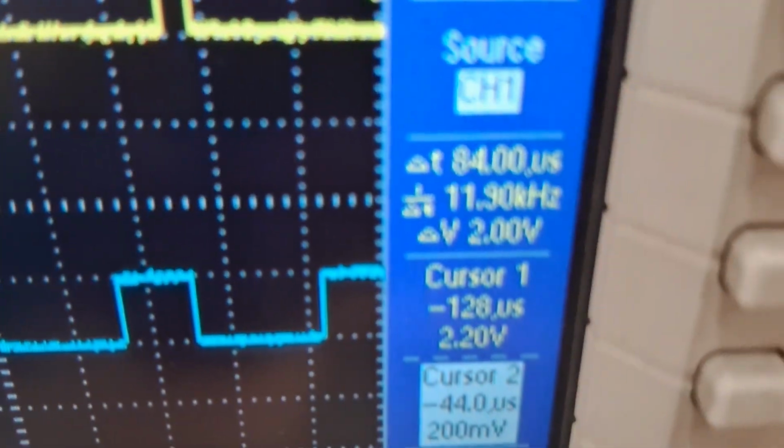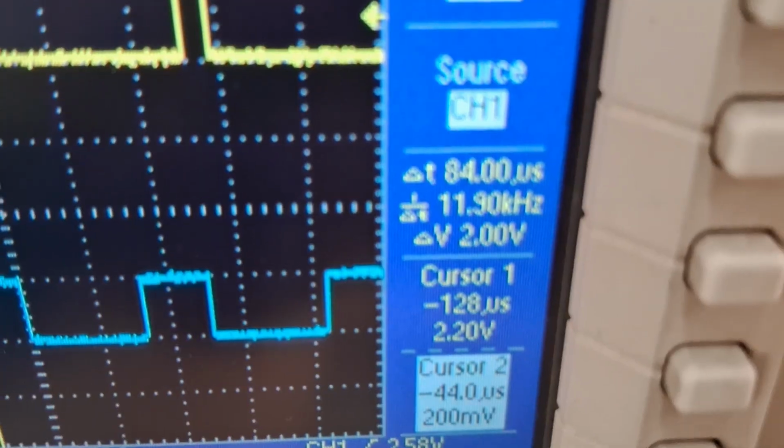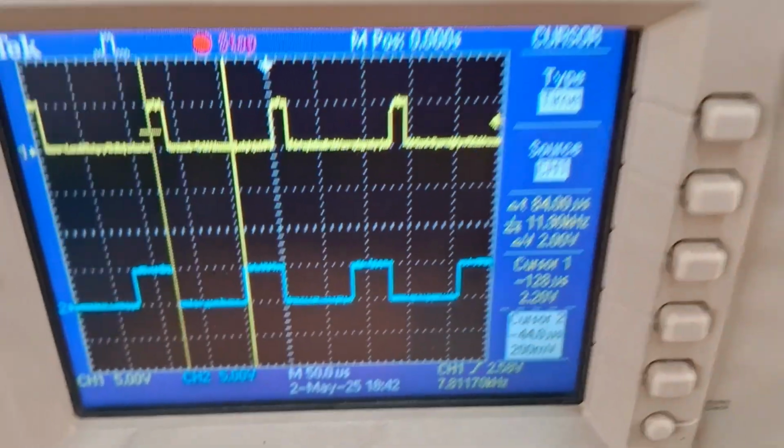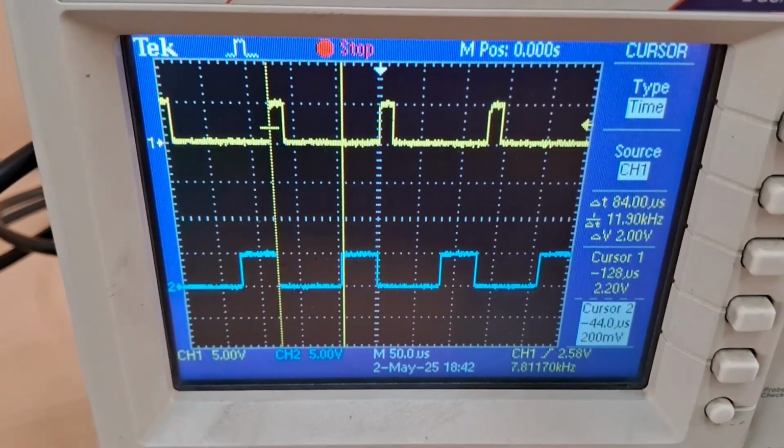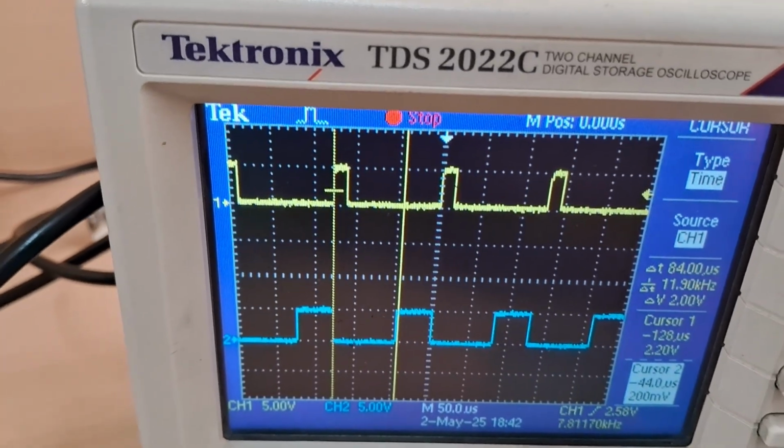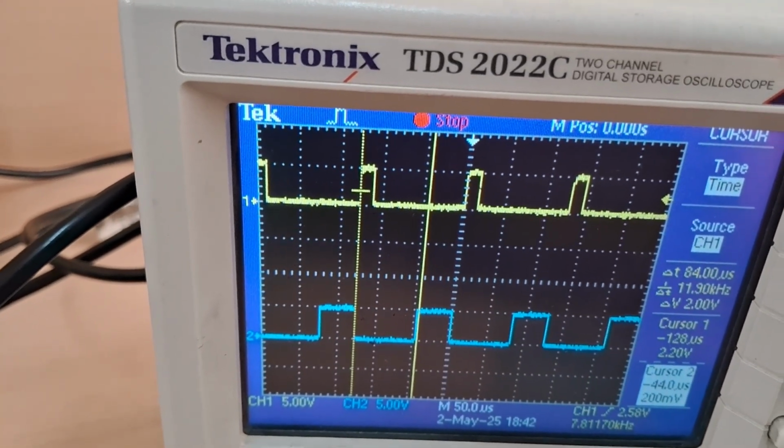This is what we call the conversion time period, which we represent by tau c. So this is start of conversion and end of conversion, right?